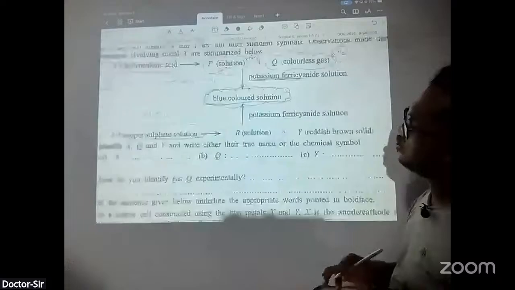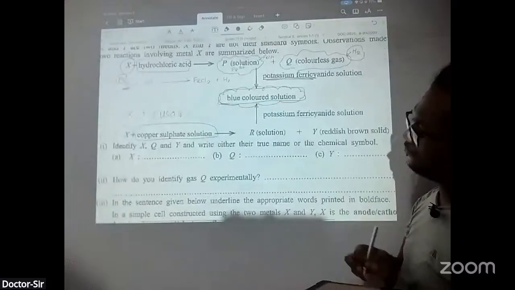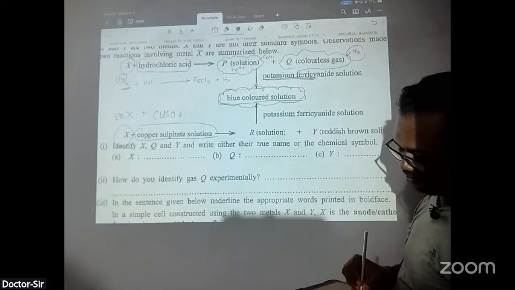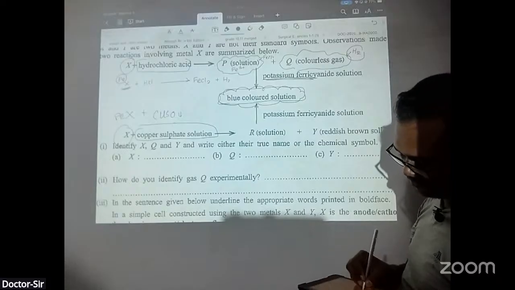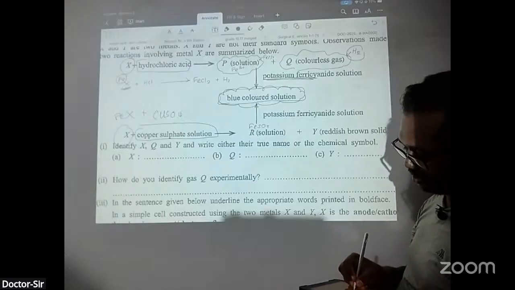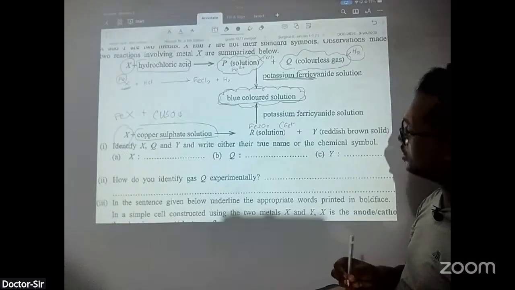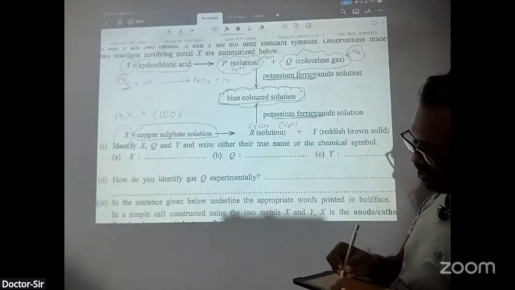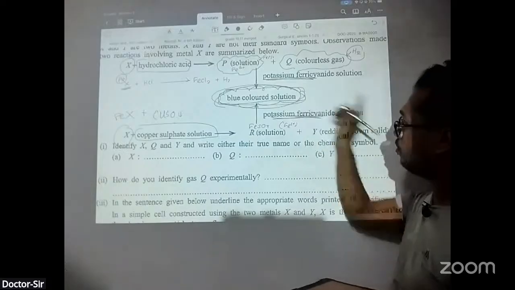Then we talk about this copper and ferrous things. Ferrous and copper sulfate will form ferrous sulfate here. So it also has Fe2 plus here. Then that Fe2 plus, again with the potassium ferricyanide, will form the blue color solution.